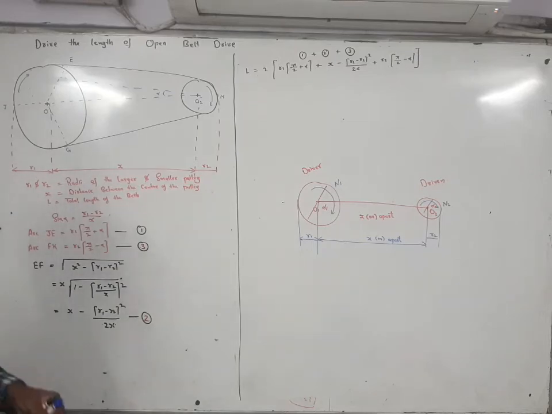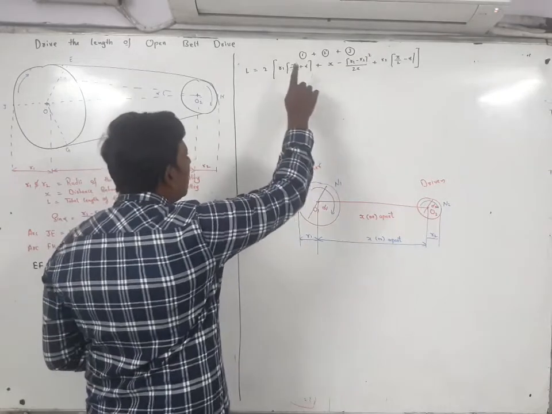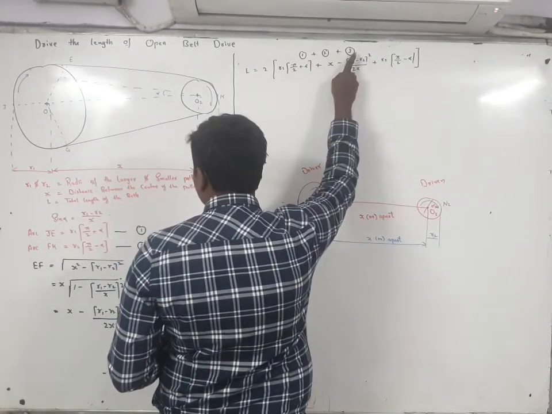How many equations did you get? Three equations. So what you have to do is add equation 1 plus equation 2 plus equation 3.